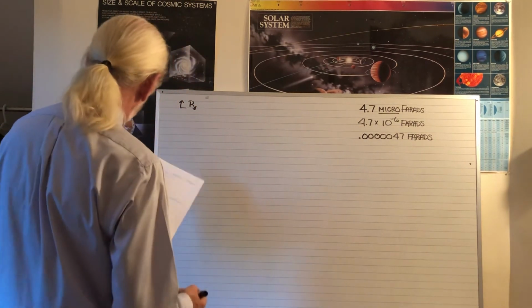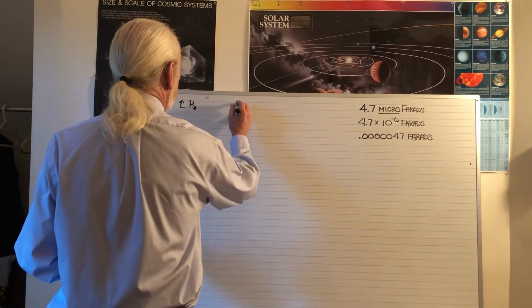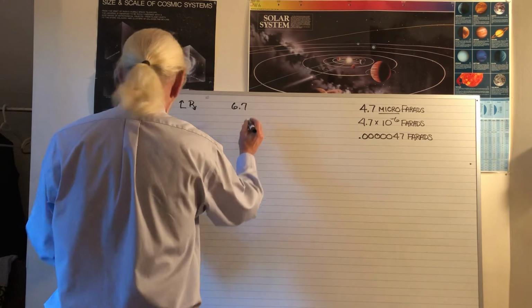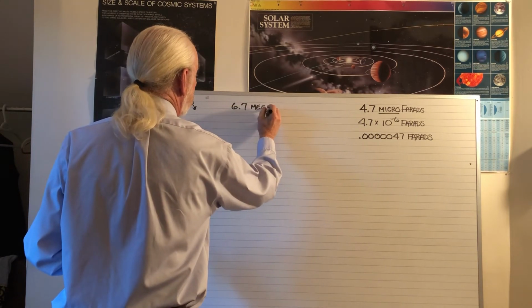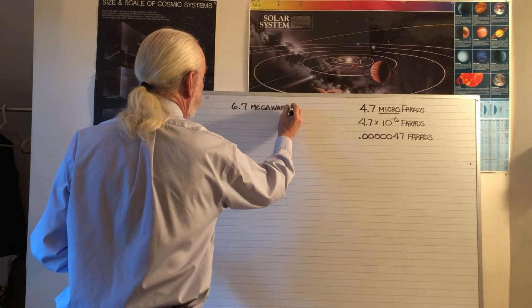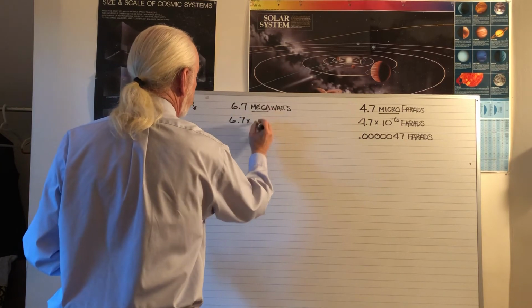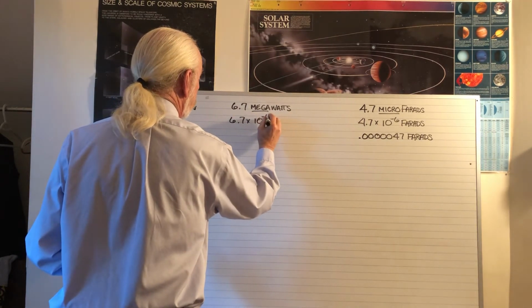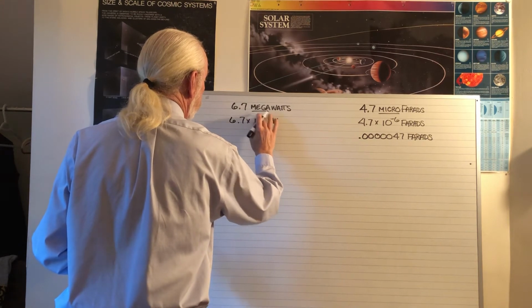6.7 megawatts. Yeah, I see that that's a comma there. It's supposed to be a point. All right, 6.7 megawatts. 6.7 times 10 to the negative 6 watts. Oh, I'm sorry.